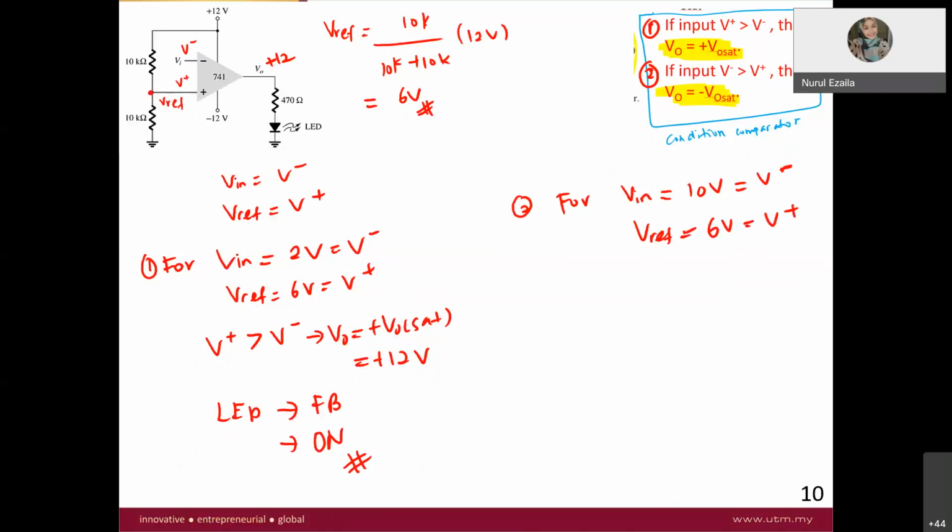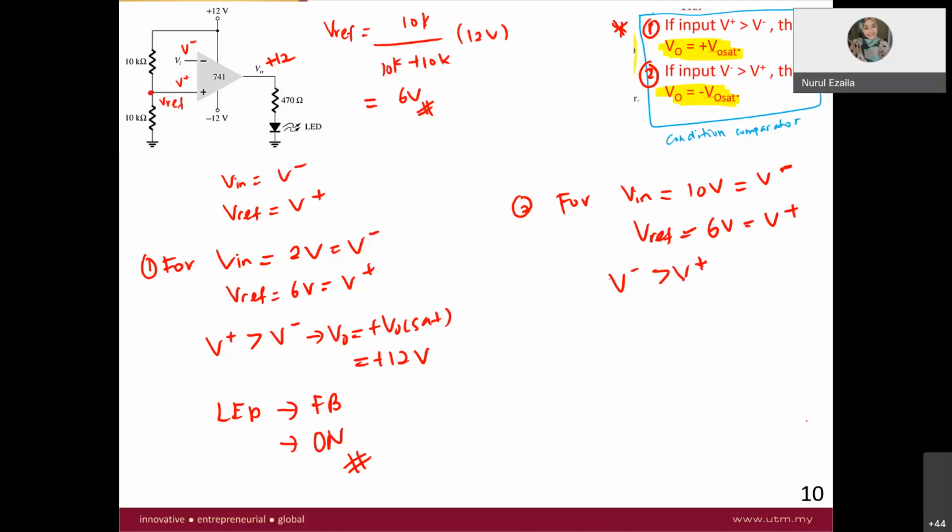So this one is actually which condition? Number 1 or number 2? Number 2. Okay, so in this case, V minus is greater than V plus.